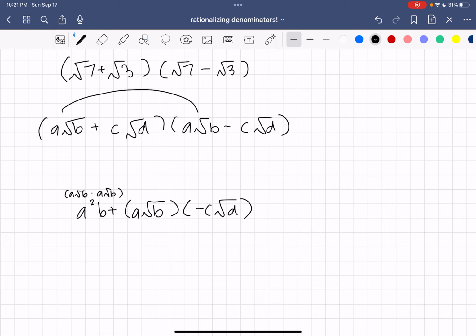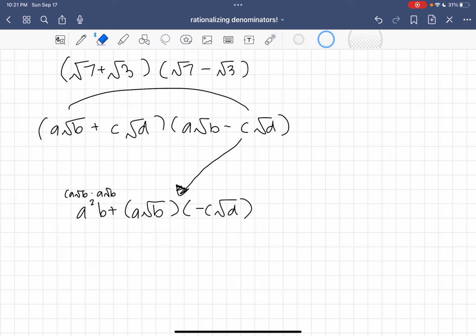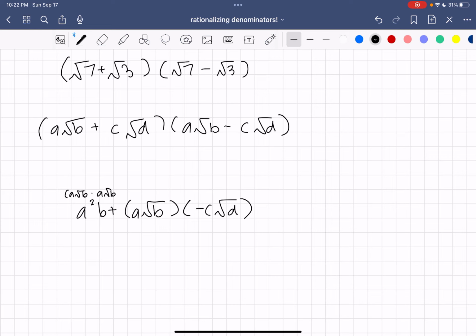So you have this one and this one. So that's this one. Then you have this one and this one, which is this entire thingy. Then you have more. Let me write that down too.